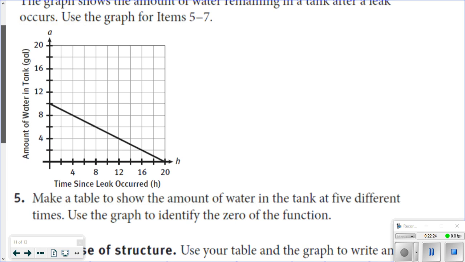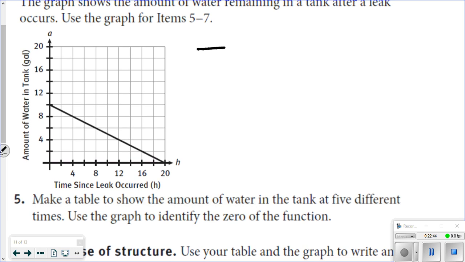My x-axis is labeled H for hours, and that stands for the time since the leak occurred. You're going to have to use the My Notes section of your book for these questions, which is the graph paper.